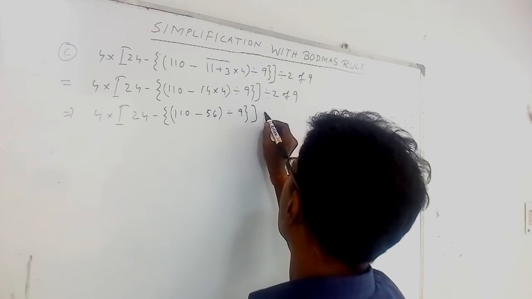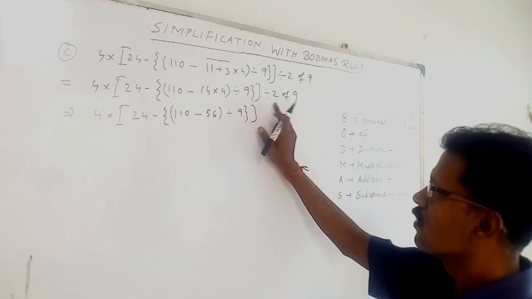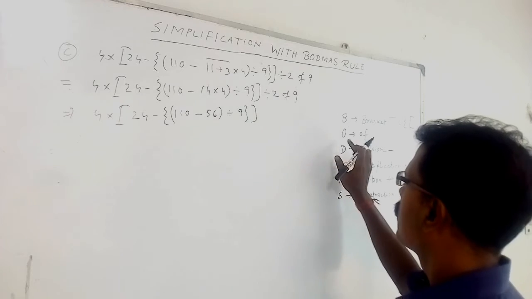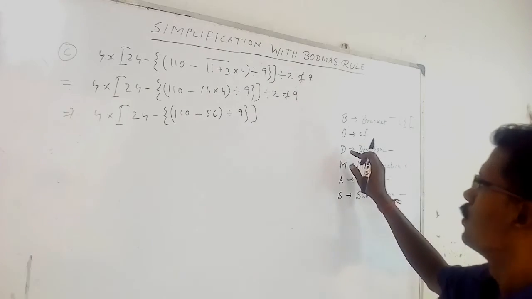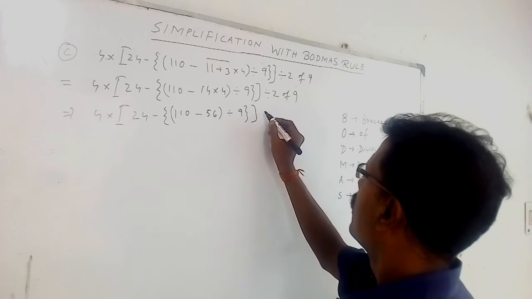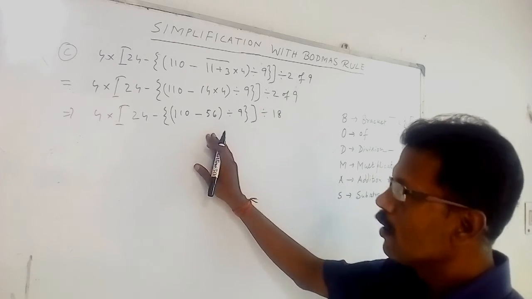Here you can see two signs placed simultaneously, division and of. Of is preferred before division, so you can do 2 nines are 18 in the same step.